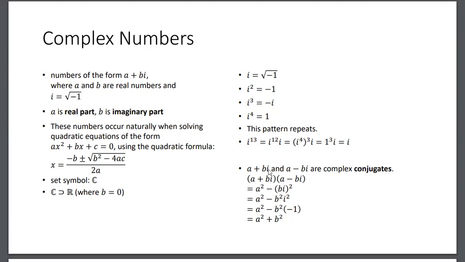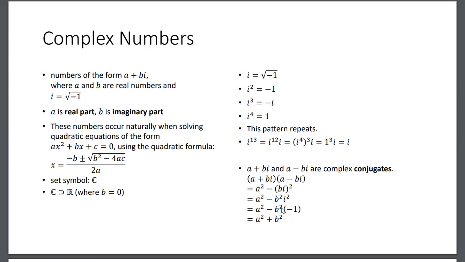Every complex number a plus bi has what's known as a conjugate of it, a minus bi. They're mutual conjugates of each other. If you multiply conjugates together and work it out, this would be the difference of two squares, a squared minus bi squared. That's a squared minus b squared i squared.